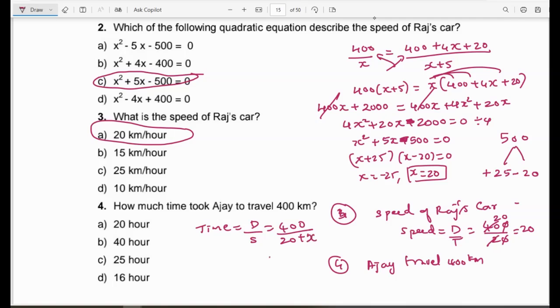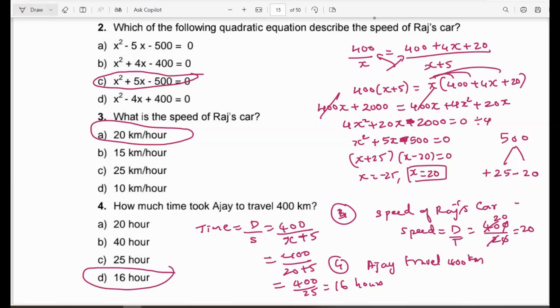So that is 400 divided by 25, that is nothing but, not 20, it is 16 hours. So he takes 16 hours to travel.